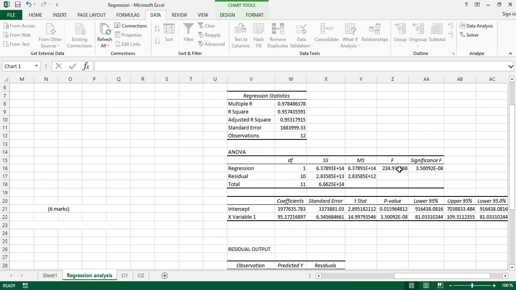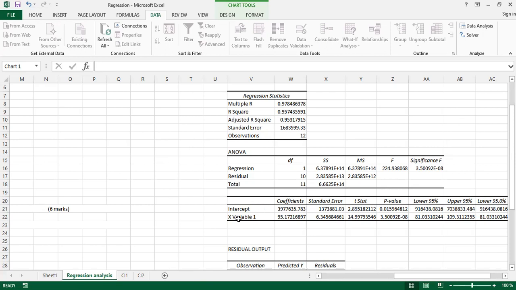And so we come to significance F. This also measures whether the model provides a better fit for the data than the model with no predictors, isn't it? And so here we come to our coefficients.